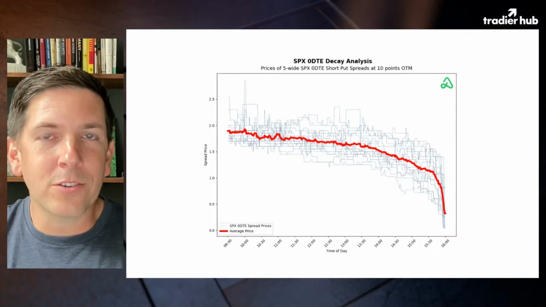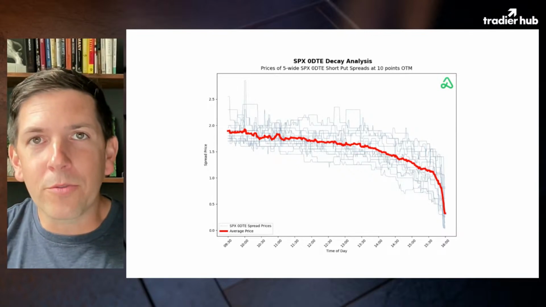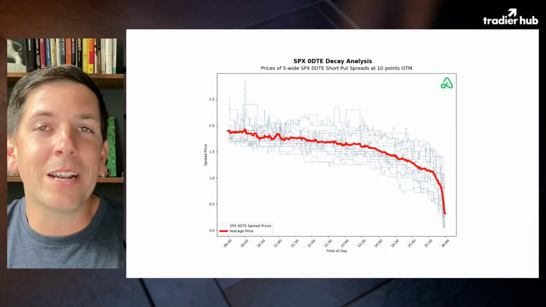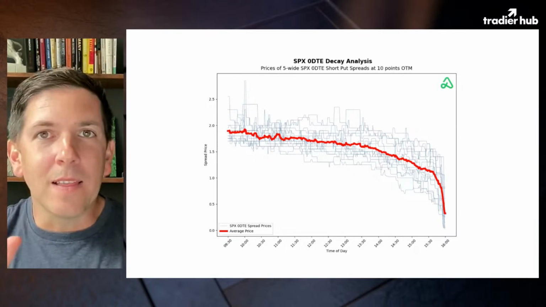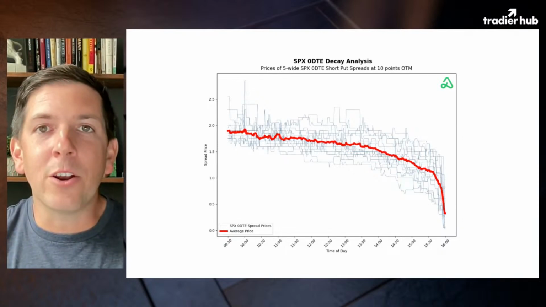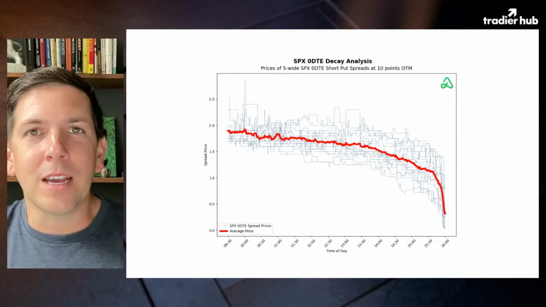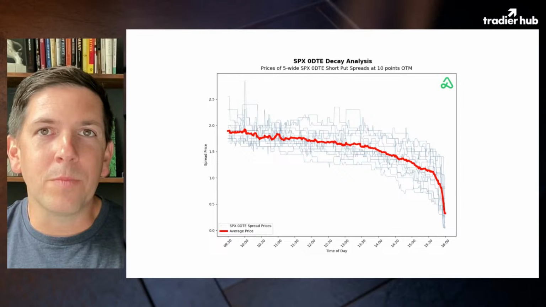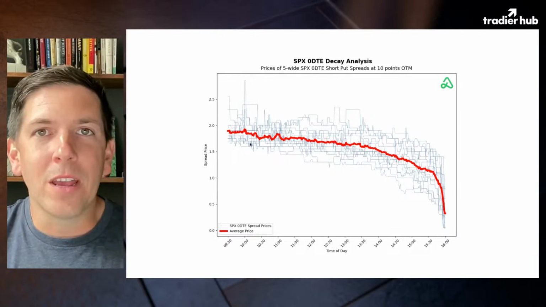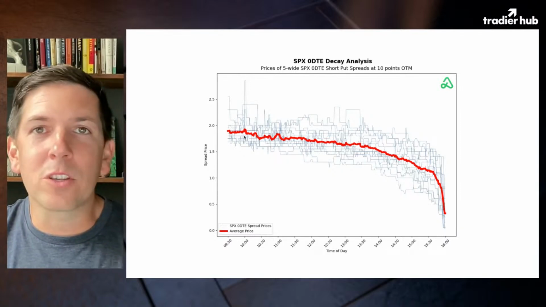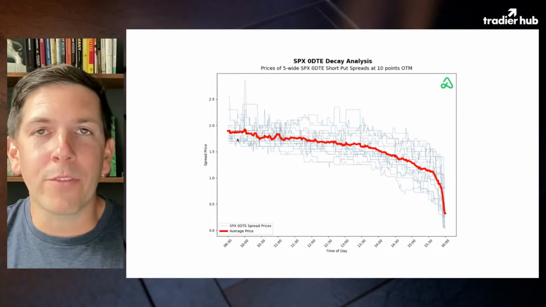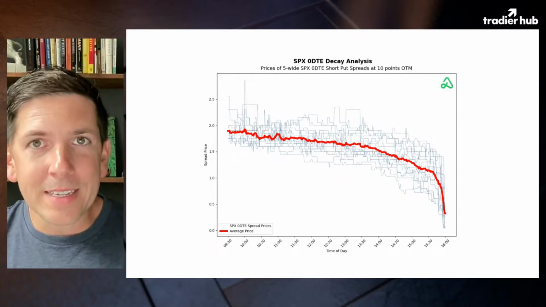But as you go through the expiration day, there's maybe an assumption from some traders that the decay is very linear, or that you get a lot of decay early in the morning. I've also seen that, where some people assume you get a lot of decay in the first 30 minutes of the day, the first hour, whatever the case is. But we really didn't see that in this research.